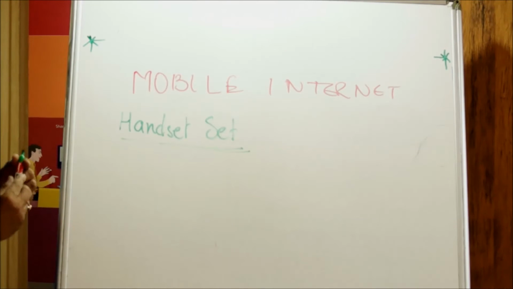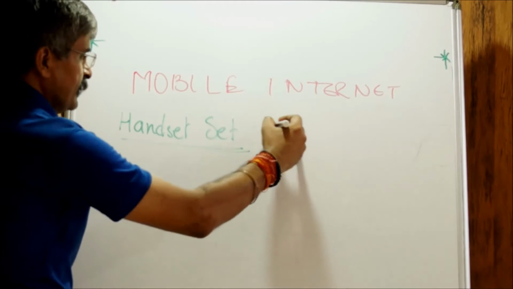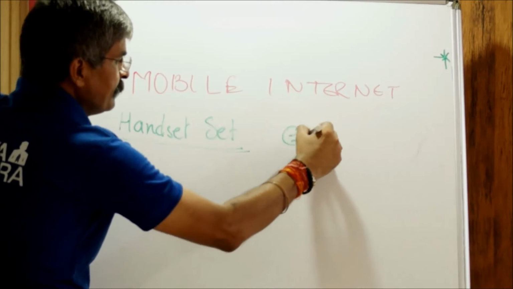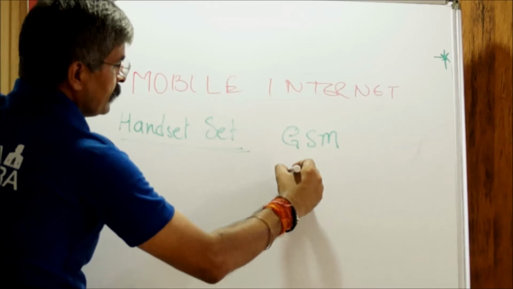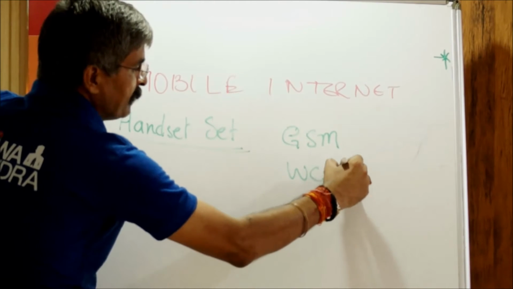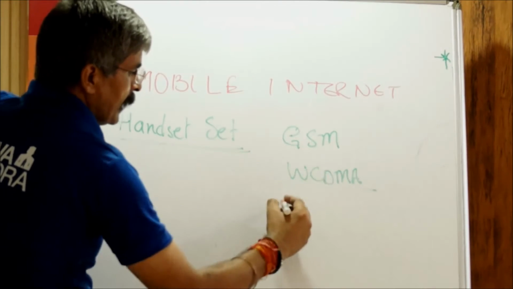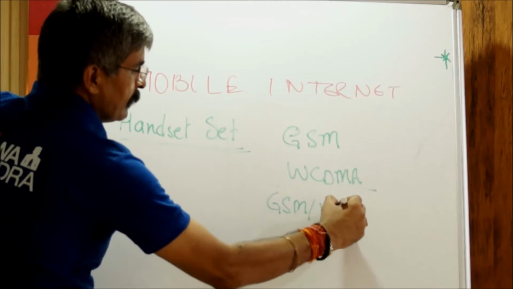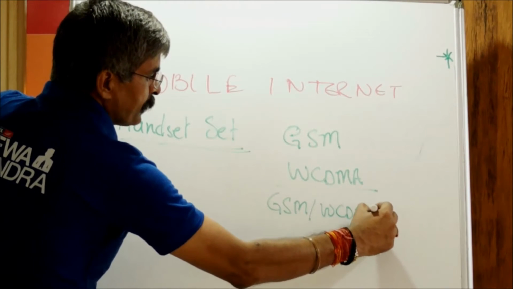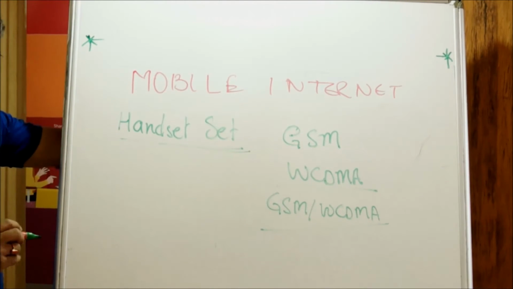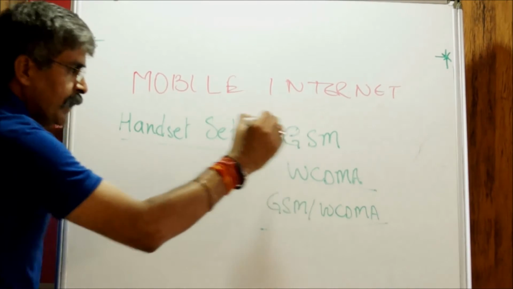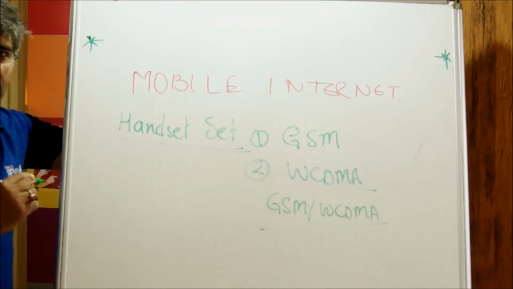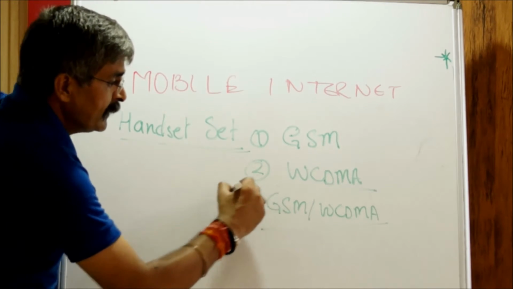We come to know about the handset by the access it provides in terms of GSM and WCDMA, and there may be GSM only or WCDMA only. When we talk about GSM only, this is the 2G mode, WCDMA only is the 3G mode, and there is also a 2G and 3G switchable mode.